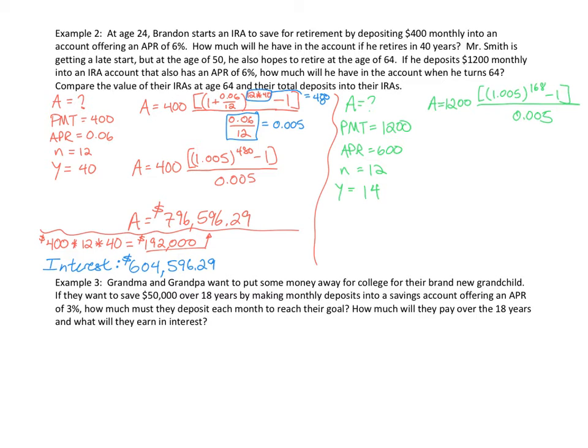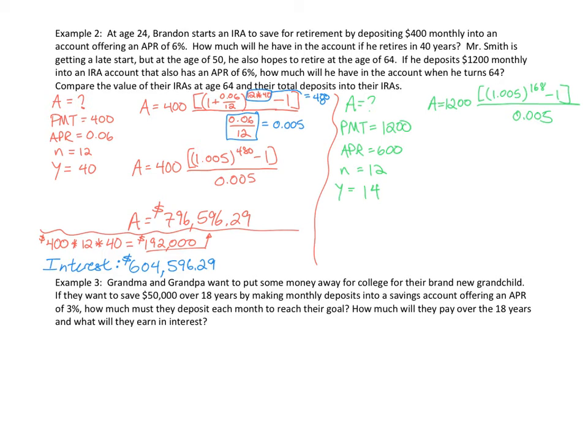And in fact, I didn't mention this, but he's only going to do it in 14 years, which is about 1/3 of the time that Brandon did it. So tripling the amount of your payment and taking 1/3 of the time, you would think would quote unquote cancel each other out and give them the same amount of money at the end. Well, let's see what happens.